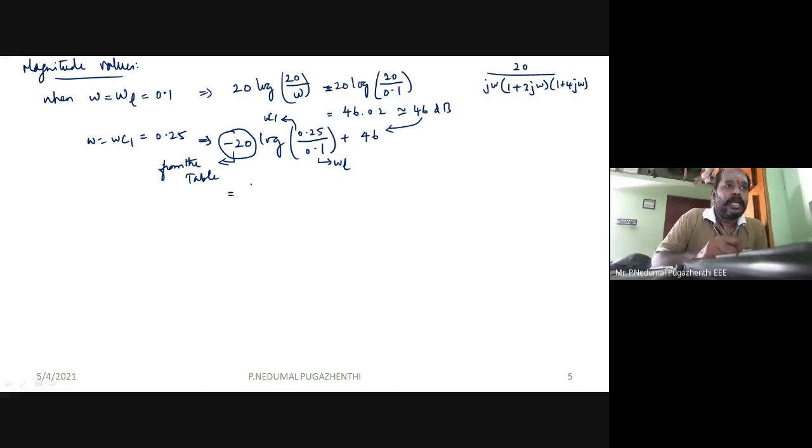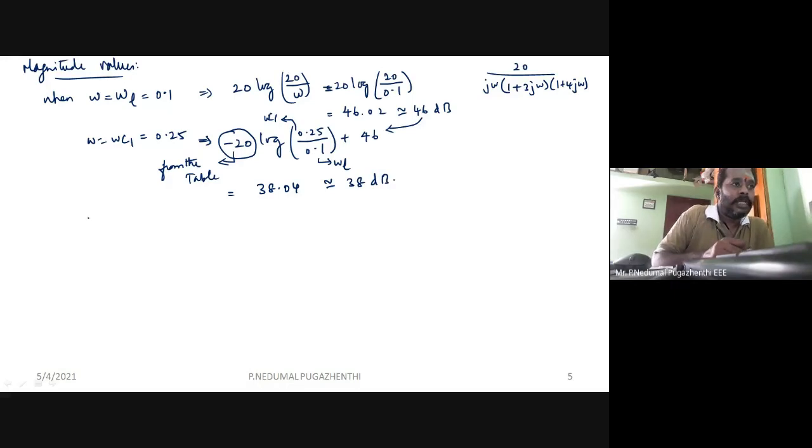So tell me what you are getting. 0.25 divided by 0.1, take the logarithm of that, into minus 20, plus 46. What is the value you are getting? 38.04, very good. I can round it off to 38 decibels.